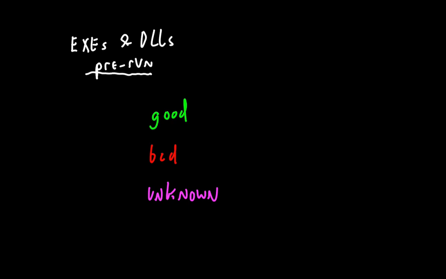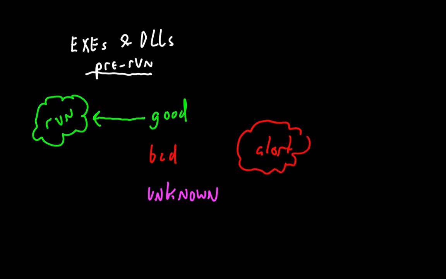And what happens in these cases is going to be very dependent on the product and how it's configured. Naturally, if your executable is determined to be good, it's going to be allowed to run. And if your executable is determined to be bad, it's not going to be allowed to run, and there's going to be an alert that's raised. Those outcomes make sense, right? Well, what happens in the case of unknown?